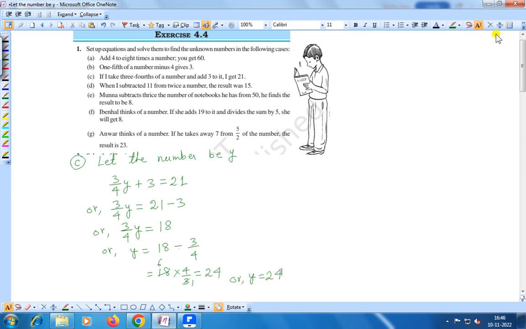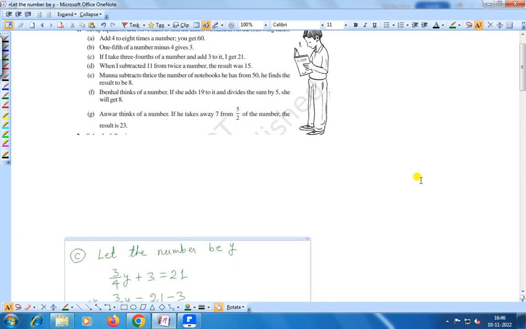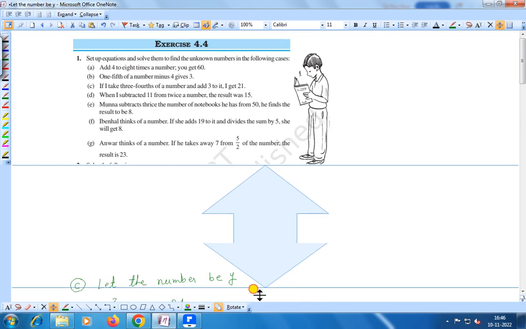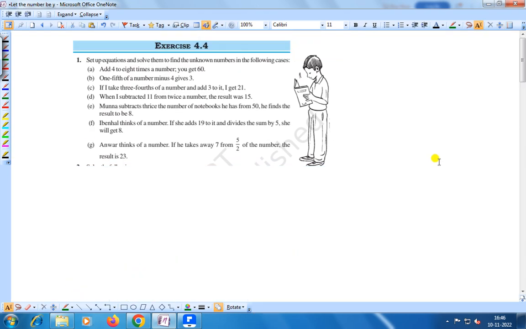Question number D is: when I subtracted 11 from twice a number, the result was 15. Let the number be x.